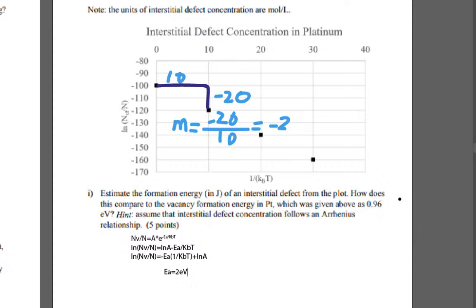How does this compare to the vacancy formation in NGPT, which was given above as 0.96? According to my knowledge, 0.96 is smaller than 2, which means that interstitials would be less common.